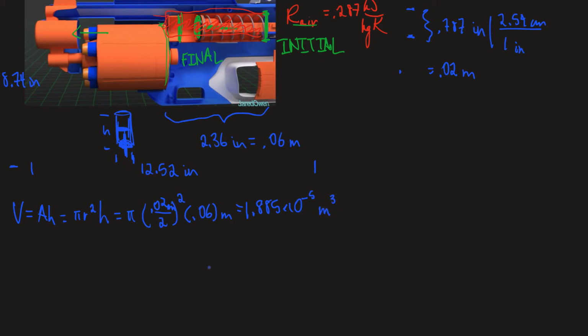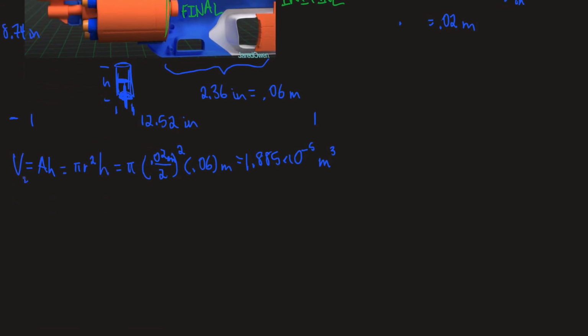Now that we have the initial volume, we can use the ideal gas law. So we'll pull out the ideal gas law again. So PV is equal to mRT, and we can calculate that initial mass by taking the initial pressure times the initial volume over the gas specific constant times the initial temperature, which is going to be equal to the room atmospheric pressure, 101.3 kilopascals, times the initial volume that we just calculated.